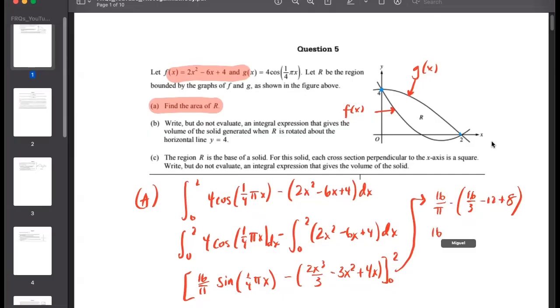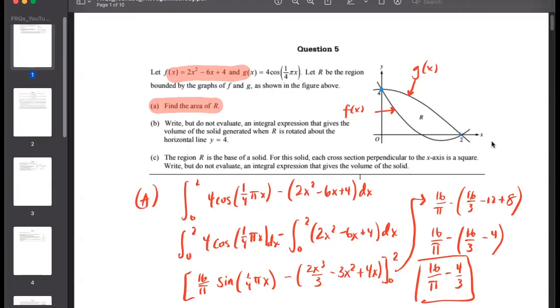Let's see, I have 16 over pi minus 16 thirds, and this is going to be minus 4. So 16 over pi minus, it looks like this is going to be 4 thirds. And I can just leave it like this. I'm not even going to worry about the pi. We don't have a calculator, so we're not going to simplify.